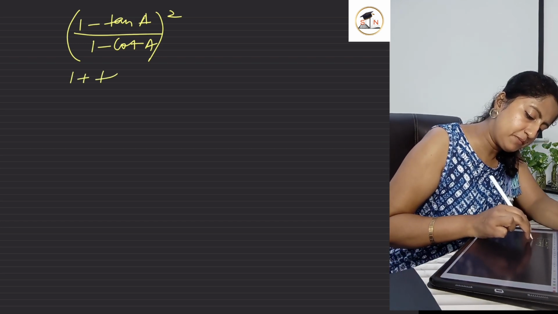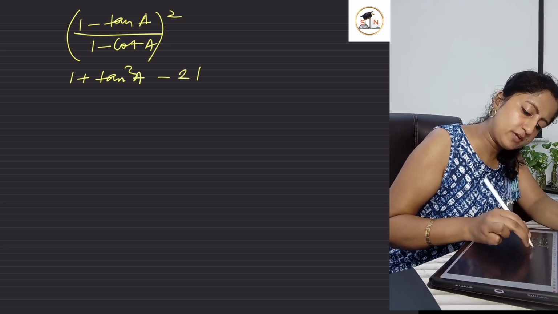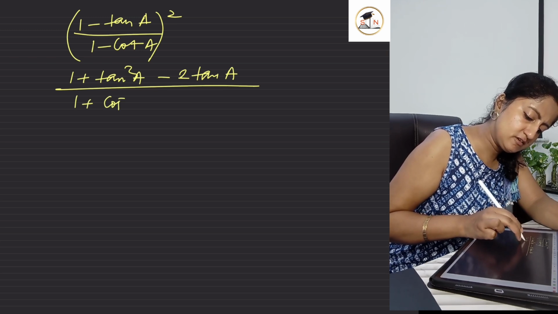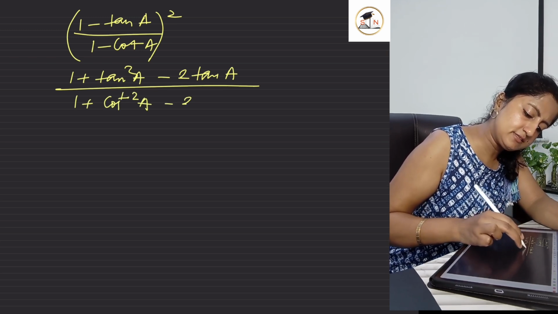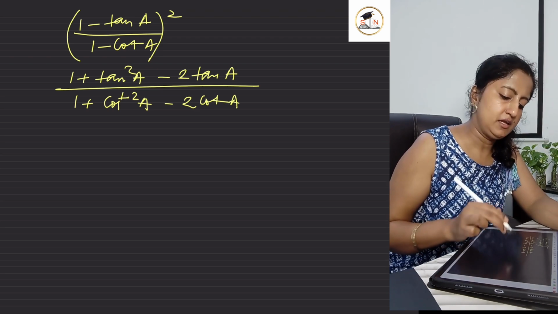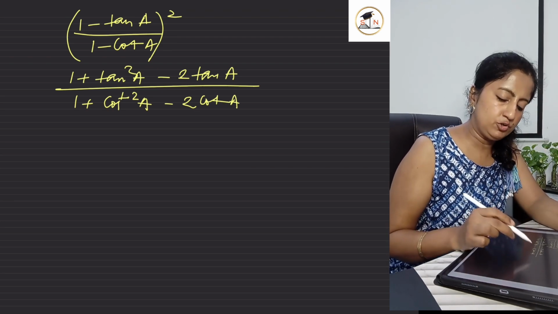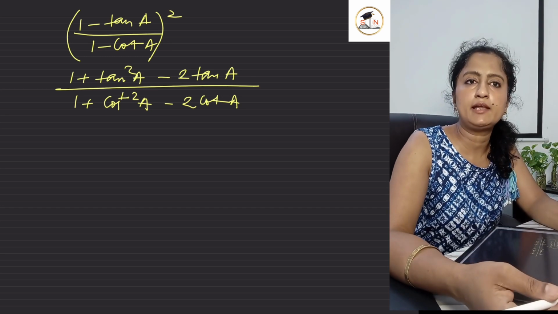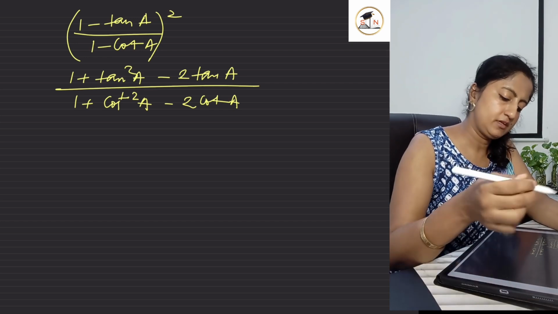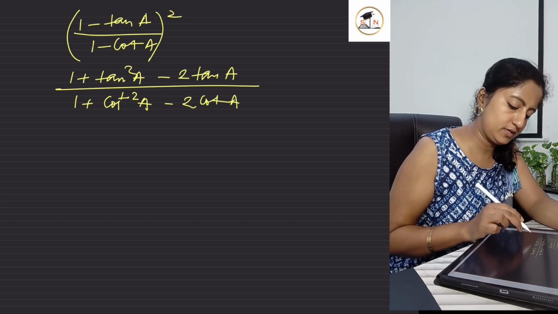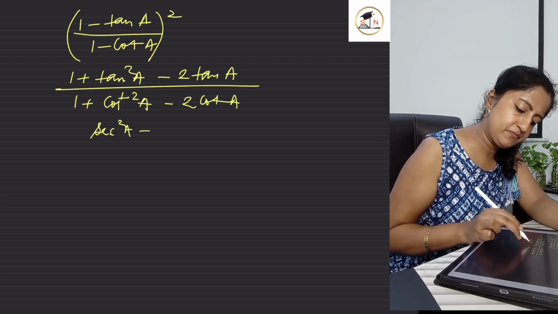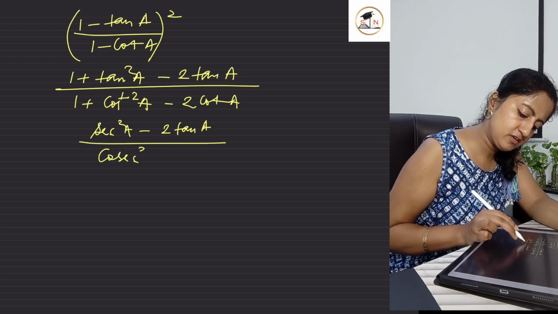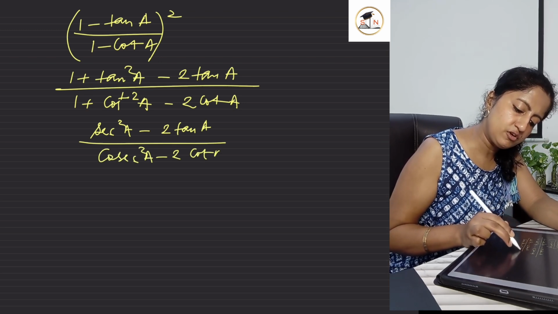So that gives us 1 plus tan square A minus 2 tan A over 1 plus cot square A minus 2 cot A. We can do it this way, or you could have done it by converting tan and cot into sin and cos. Now, what is 1 plus tan square A? That is sec square A minus 2 tan A over cosec square A minus 2 cot A.